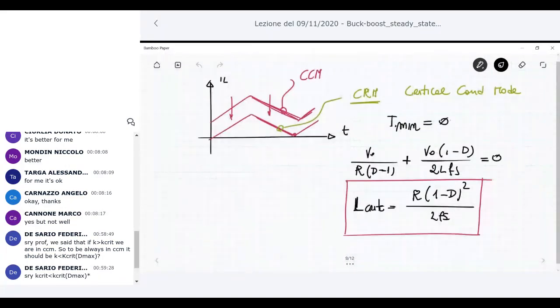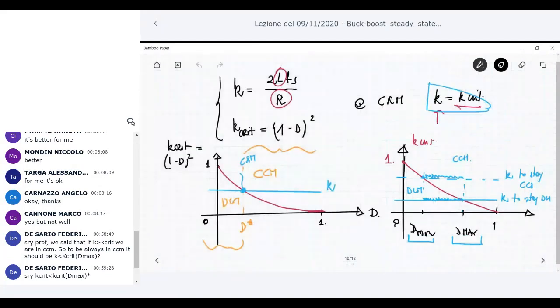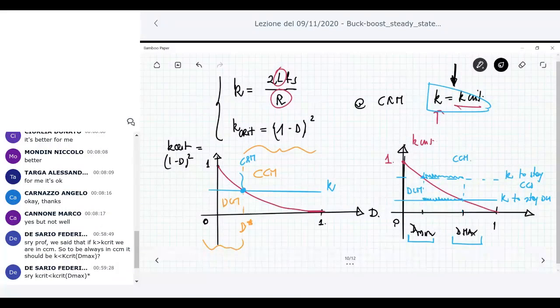Do you agree that when K is K critical, we are at the boundary? And if you want to stay in CCM, it means that you should consider K larger than K critical.